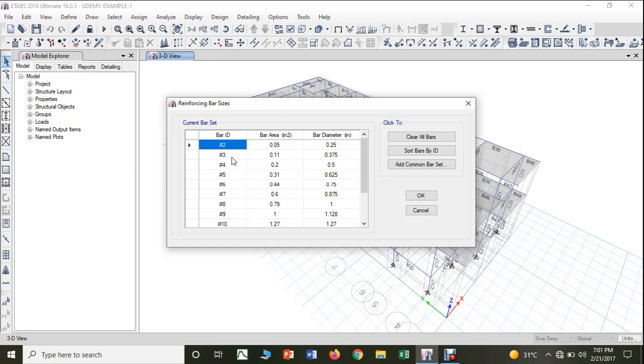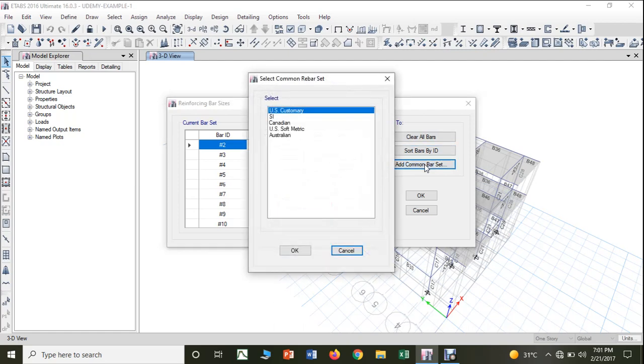Like that you can see from number 2 to number 18, they have given the various bars. You also have options to clear, to sort by bar ID, or to add a common bar set, and to choose US or SI units.